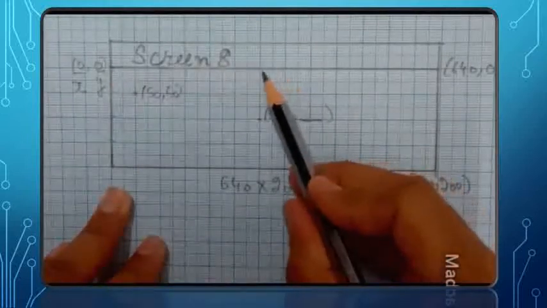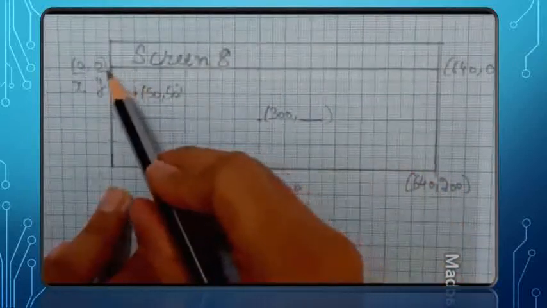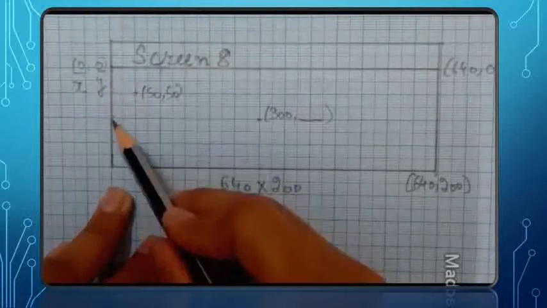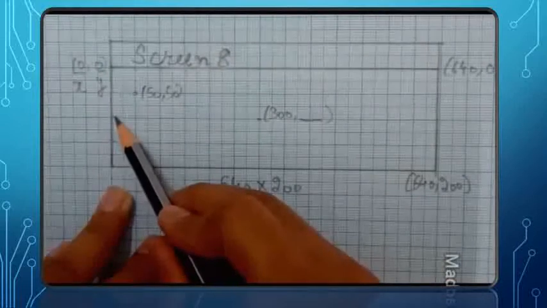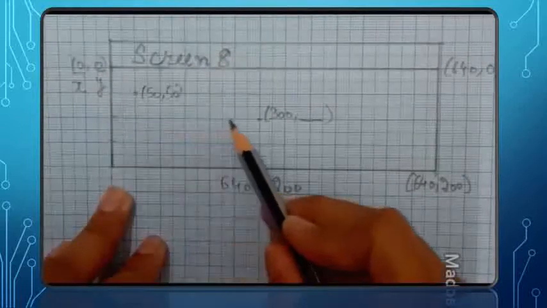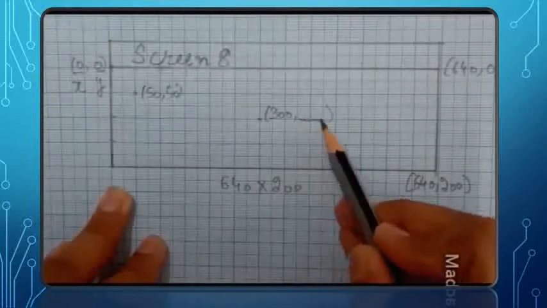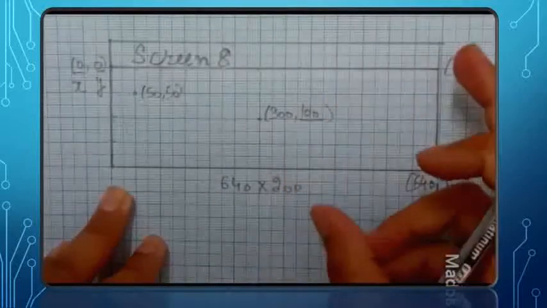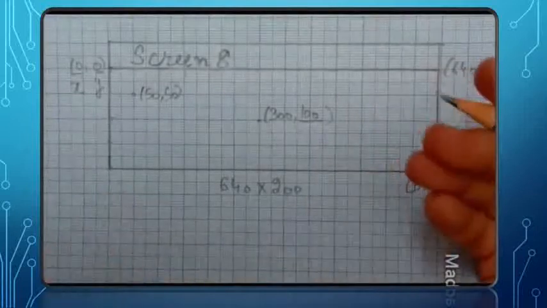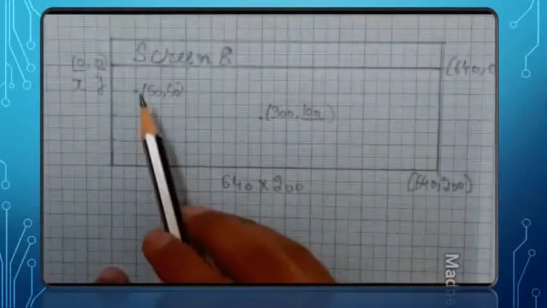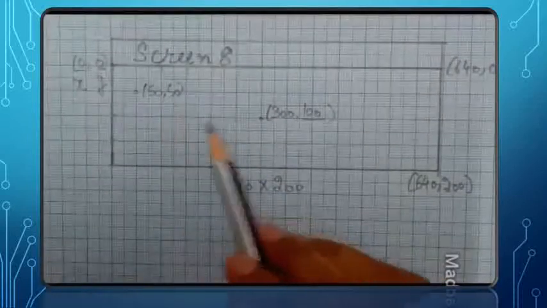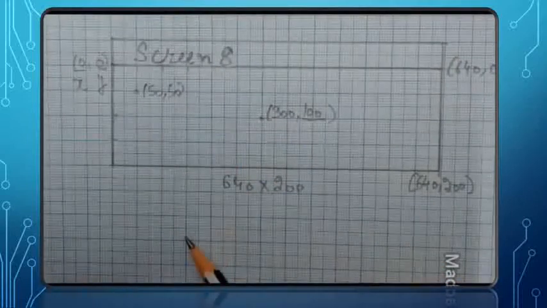Here the value is 0 for y, but when we are moving downwards, it's increasing, 50, 100. So here it is 100. We are moving on the same line, so the value of y will be 100. So now you can easily understand, when we are going to draw lines, its starting point as well as ending point. So here you can find the values for the pixels.